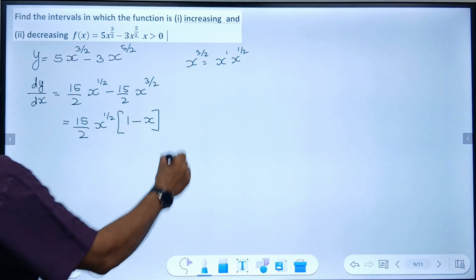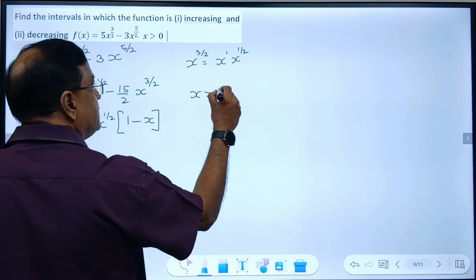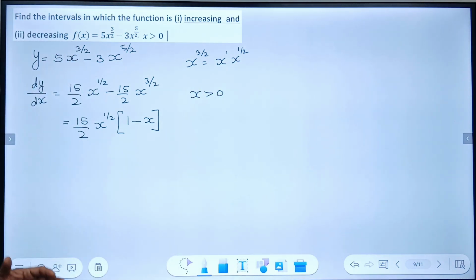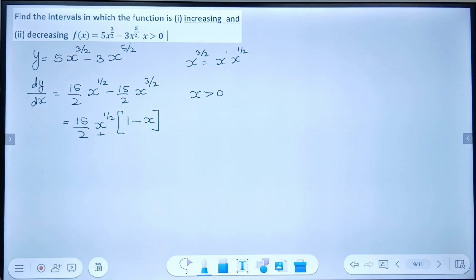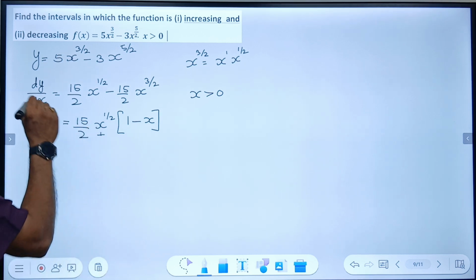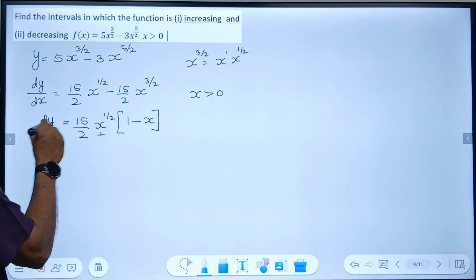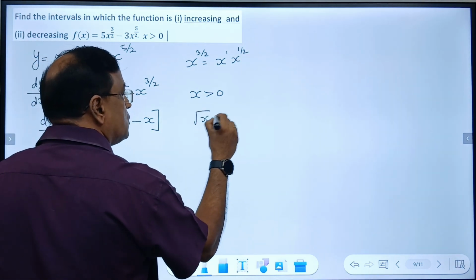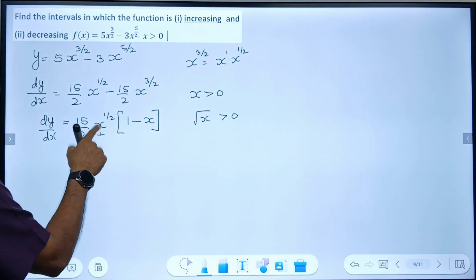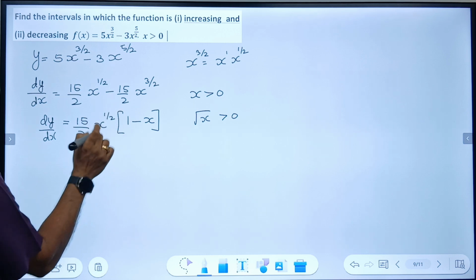Now it is very clearly given that x is greater than 0. So this is always positive, right? So dy/dx is going to be negative or positive. Since x is greater than 0, root x is always positive, correct? This is root x.